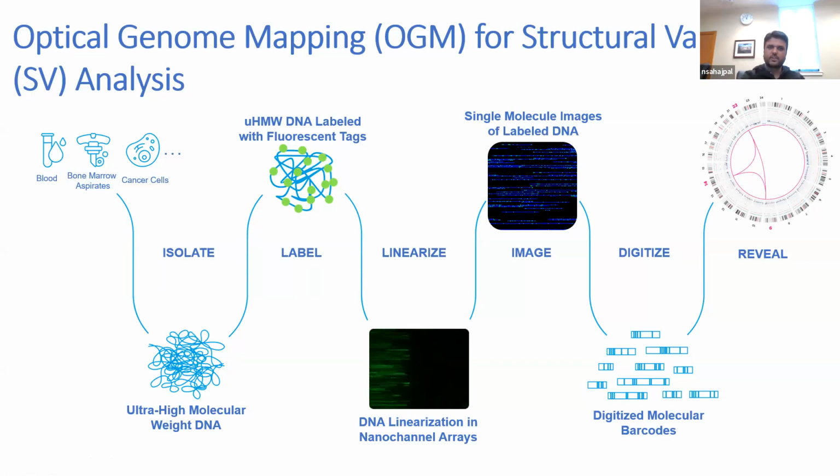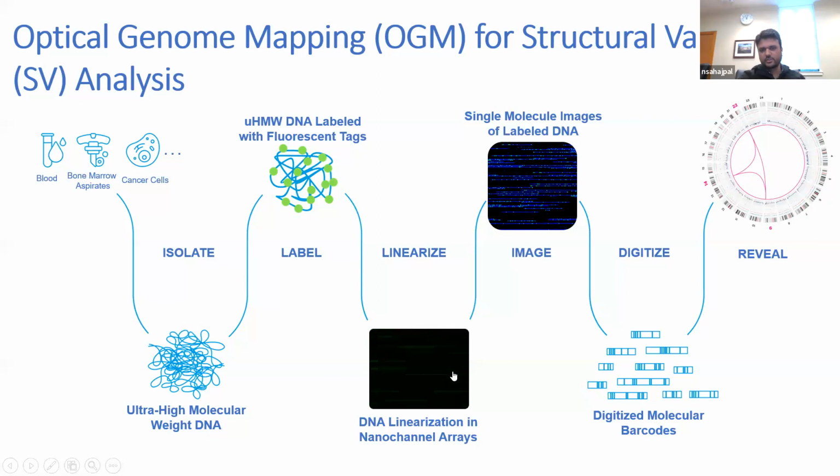Once the DNA molecule is labeled using fluorophores at this sequence motif, the DNA molecules are loaded into the instrument, where they sit in a chip and pass through the nanochannel arrays. They first pass through microchannels, and with the help of electrophoresis, these DNA molecules are linearized. From the microchannels, they pass through nanochannels, where the DNA molecules are now running at single molecule resolution.